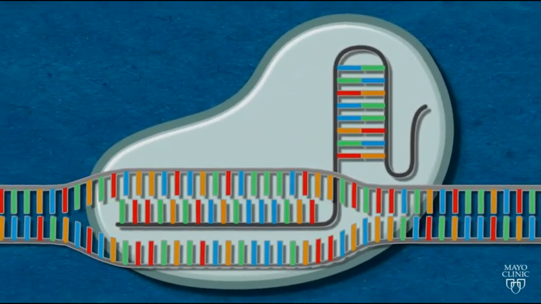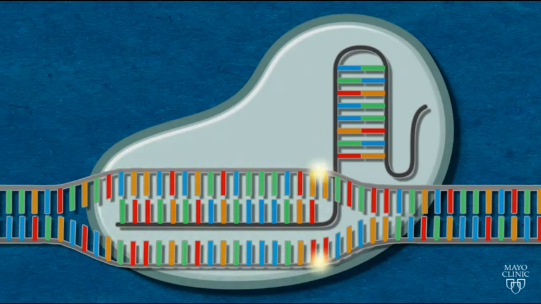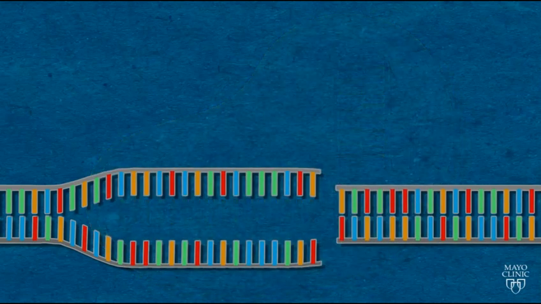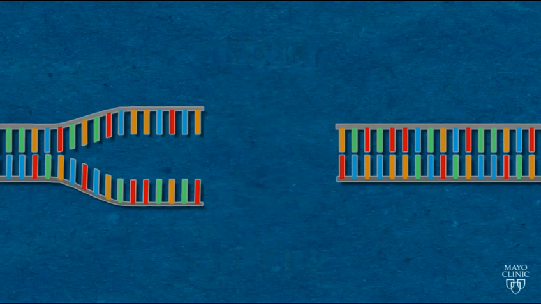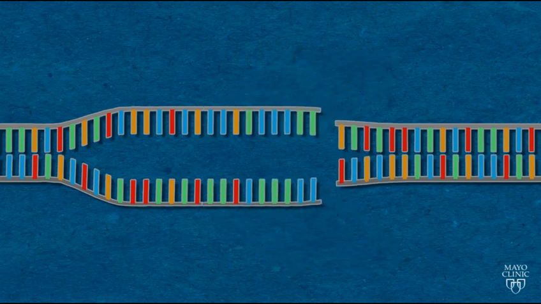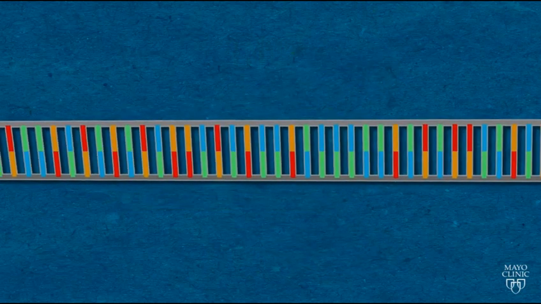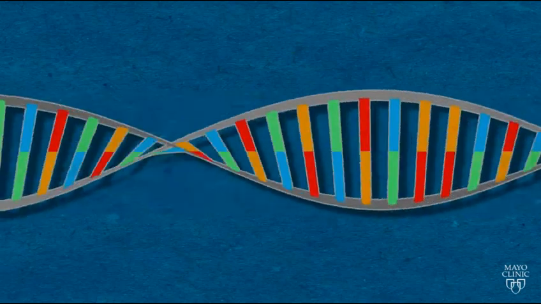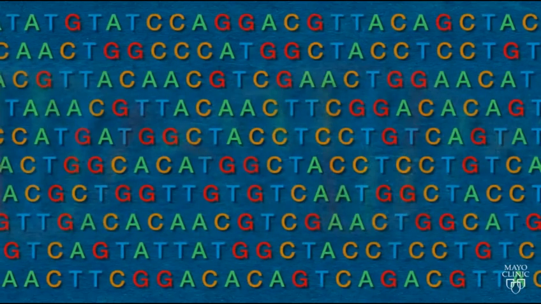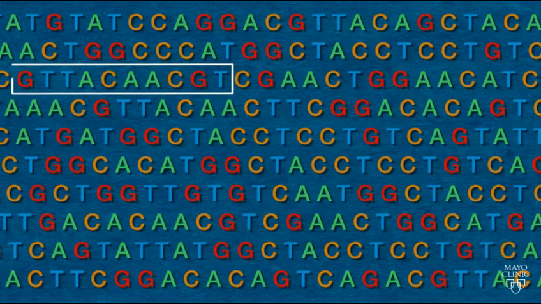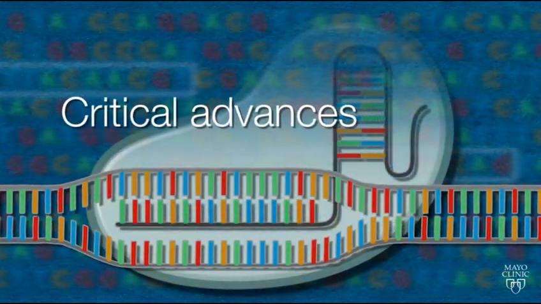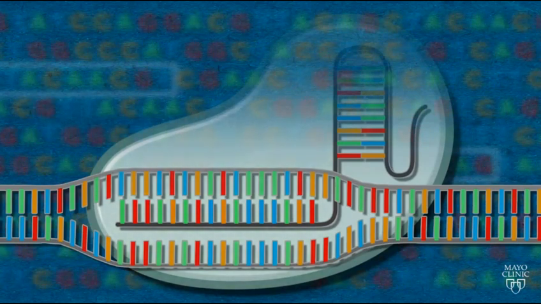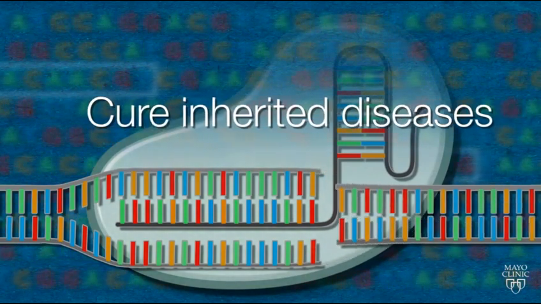It locates the target letter sequence and cuts the DNA. At that point, scientists can then edit the existing genome by either modifying, deleting, or inserting new sequences. It effectively makes CRISPR-Cas9 a cut-and-paste tool for DNA editing. In the future, scientists hope to use CRISPR-Cas9 to develop critical advances in patient care or even cure lifelong inherited diseases.